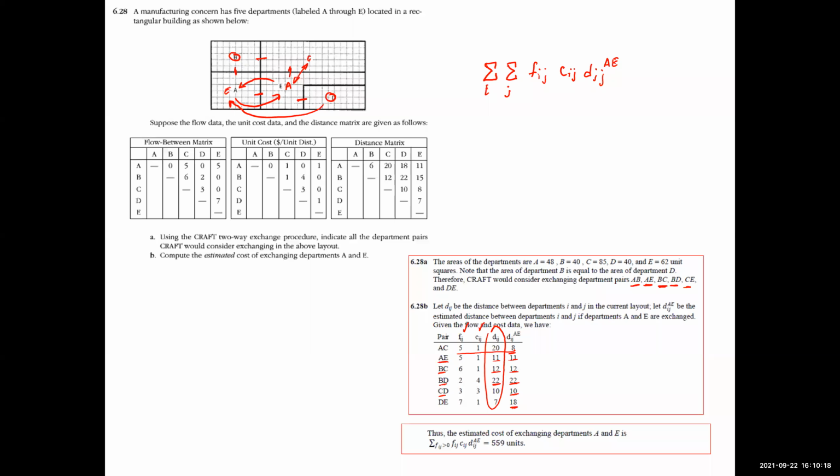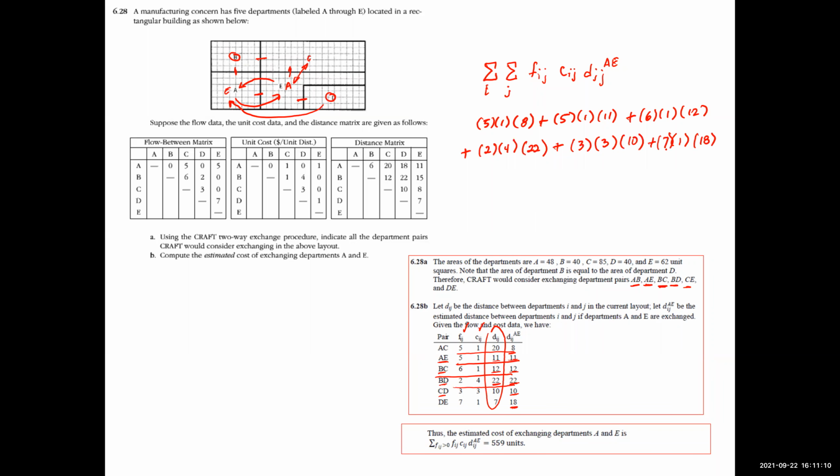Okay, so I'm going to go row by row. That's going to be 5 times 1 times 8, plus 5 times 1 times 11, plus 6 times 1 times 12, plus 2 times 4 times 22, plus 3 times 3 times 10, plus 7 times 1 times 18.